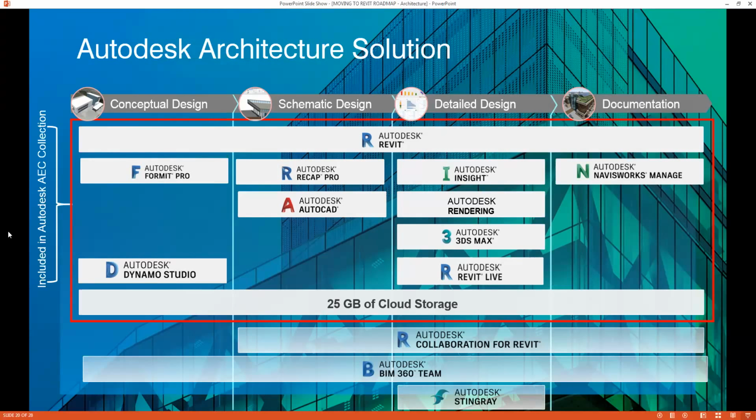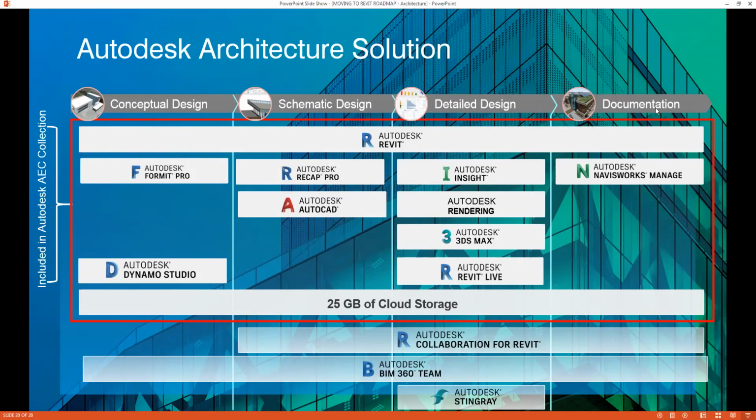What Autodesk has done here is to show you that this is included. All this red line shows the software that is included in the AEC collection for the Autodesk architecture workflow. It has been divided into, like Mr. Alba just said, the concept design stage, schematic design stage, detailed design stage, documentation stage.